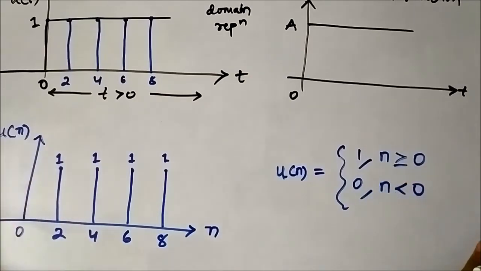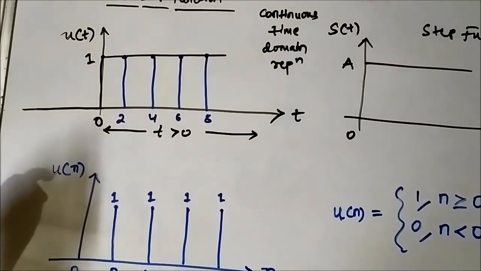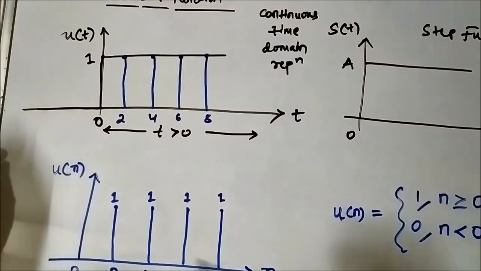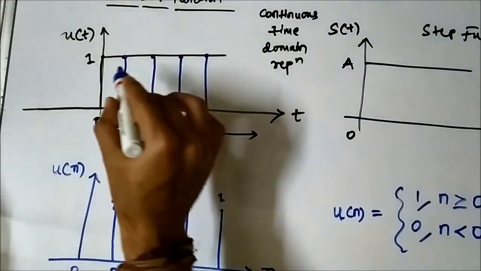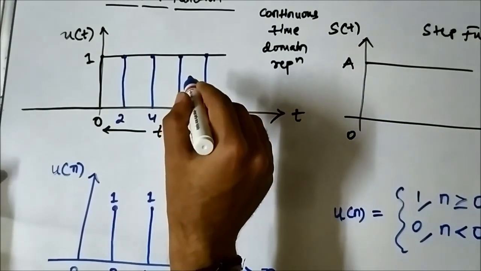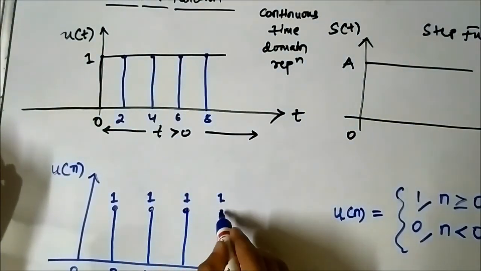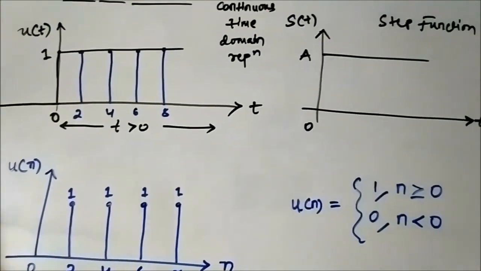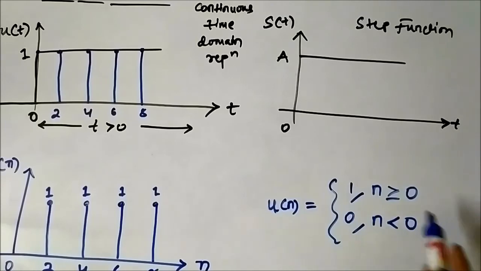So this is the unit step function. This is the continuous time representation. We took samples of it following the Nyquist sampling criteria, converted it into the discrete time domain, and this is the functional representation of the discrete time sequence.